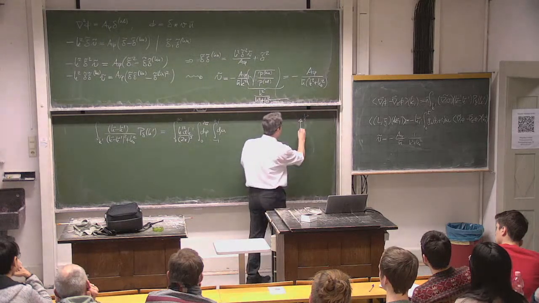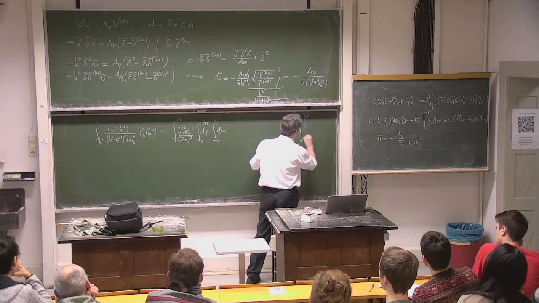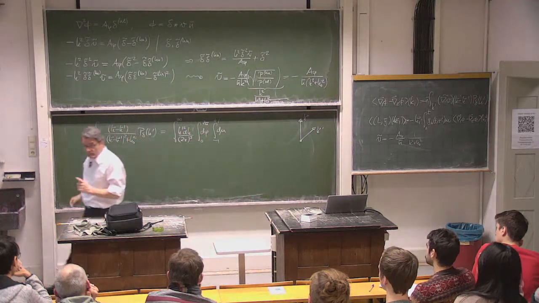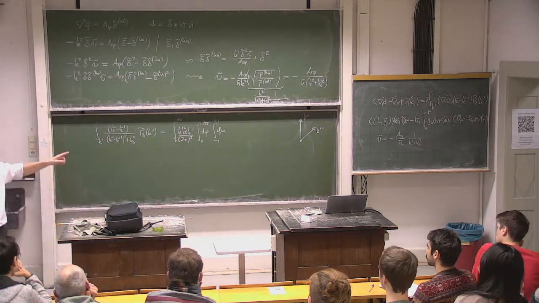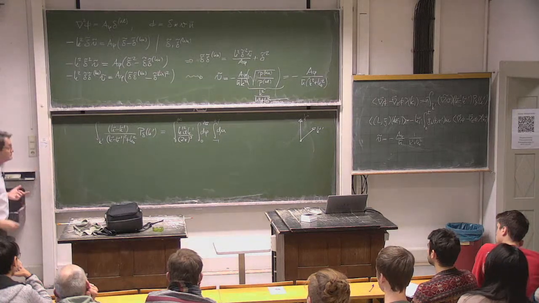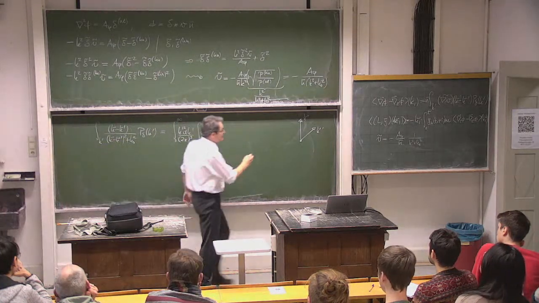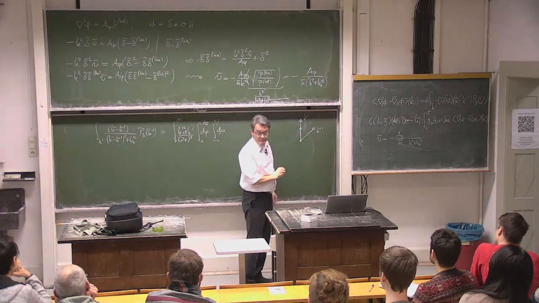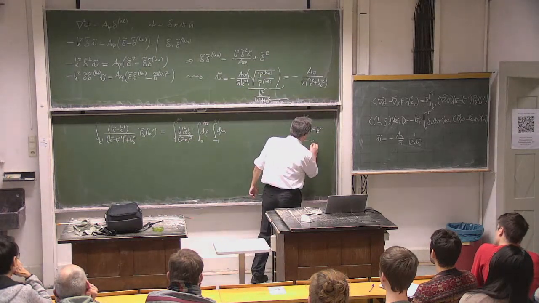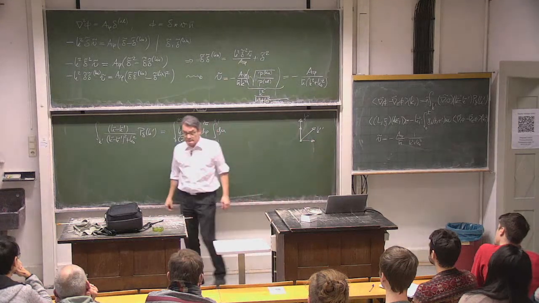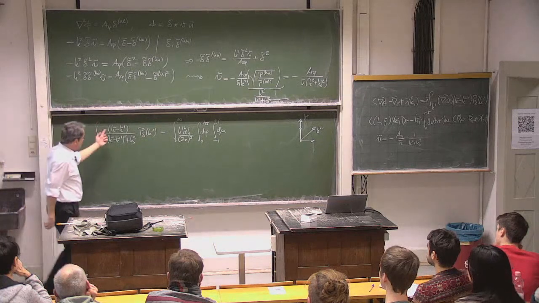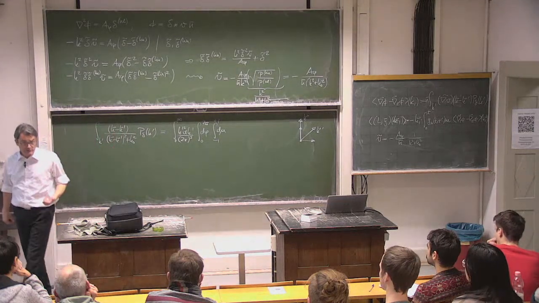Here is k. Here's k prime. Now, I'm going to decompose k prime into a component parallel to k, this one, and a component perpendicular to k. And the contribution from this component will average out.